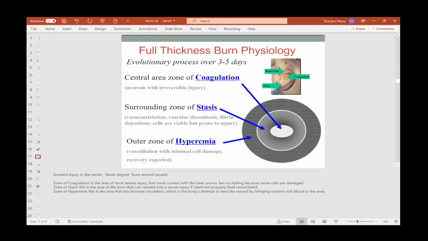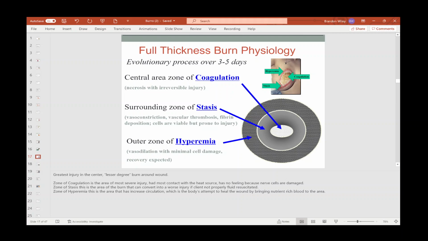So the cells are still viable in that stasis area as long as you get the perfusion back to the area soon enough. So those are the ones that you need to get that fluid in as soon as possible. You need to stop the burn first to get the fluid in. We're trying to limit it down to just that coagulated area.